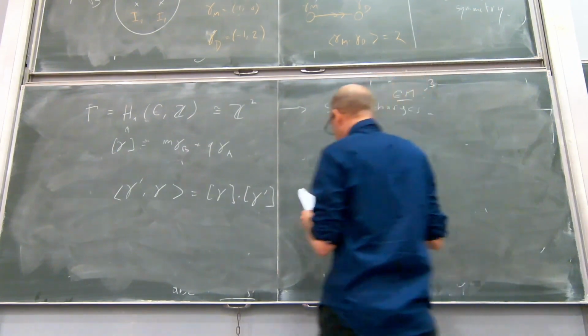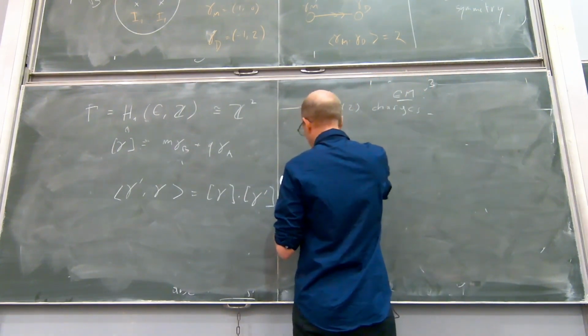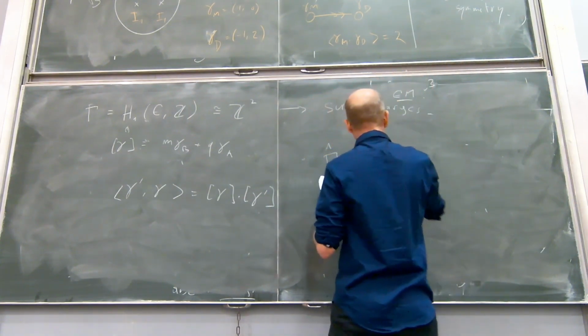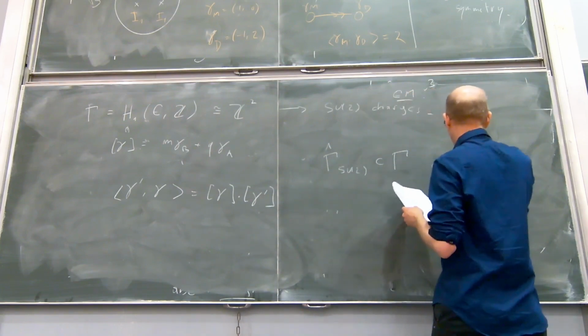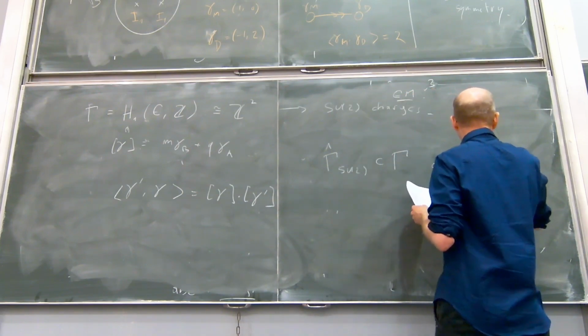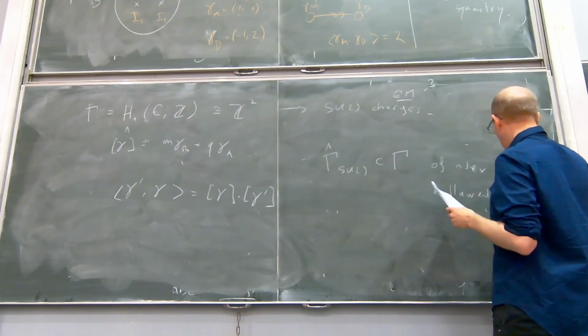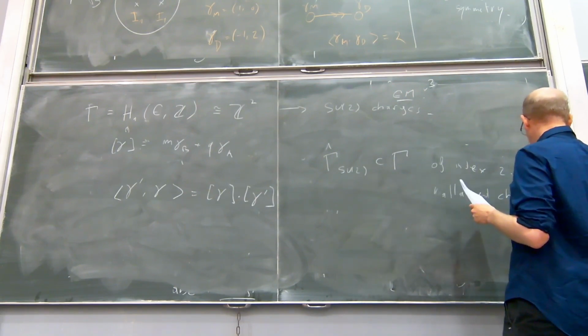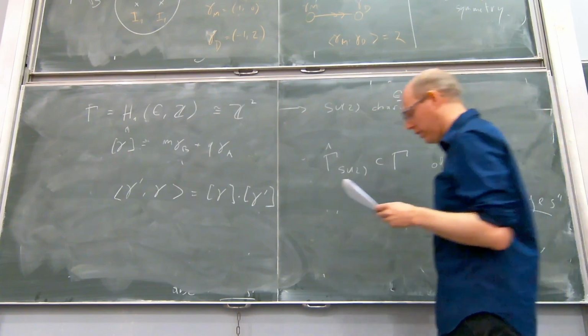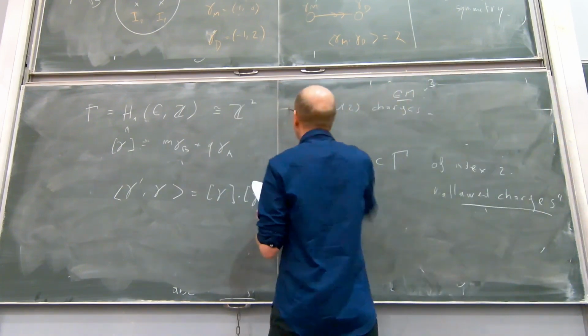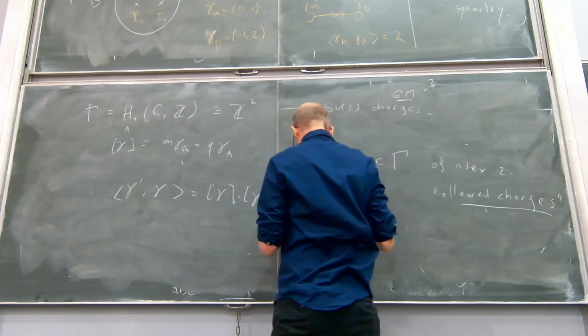Yeah. So then we can look at gamma SU2, which is a subset of index 2, which are the allowed charges, meaning the ones that can be dynamically realized at any given point on the Coulomb branch, in principle, according to this construction here.